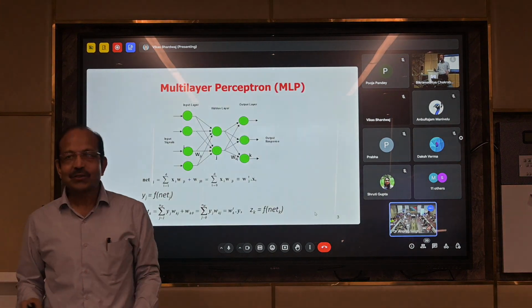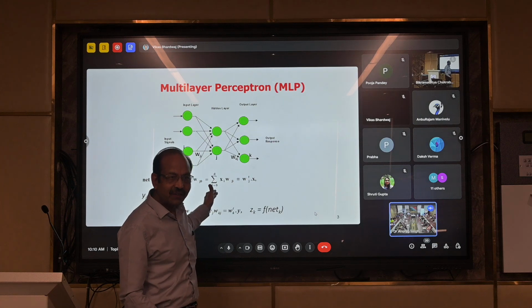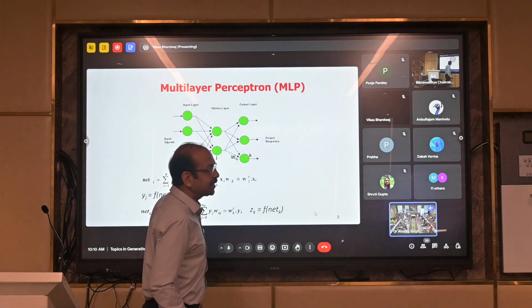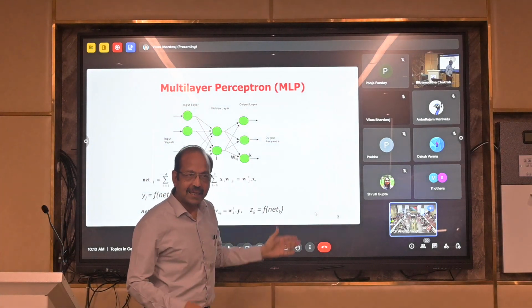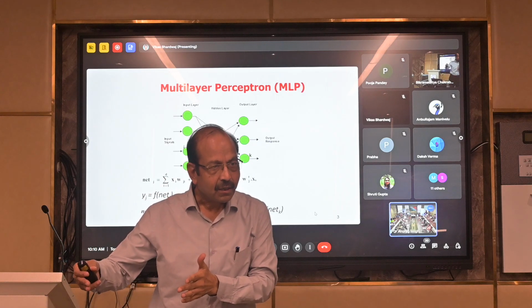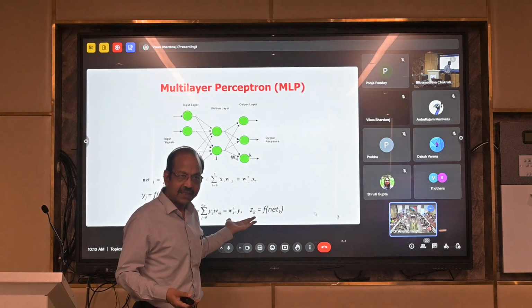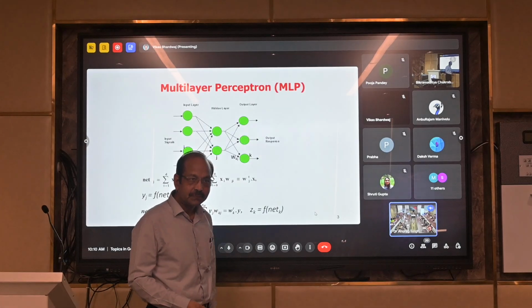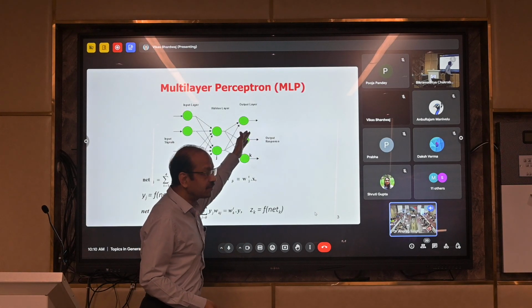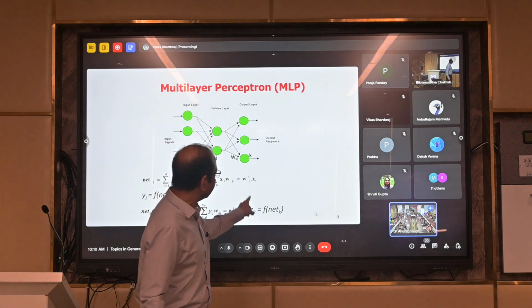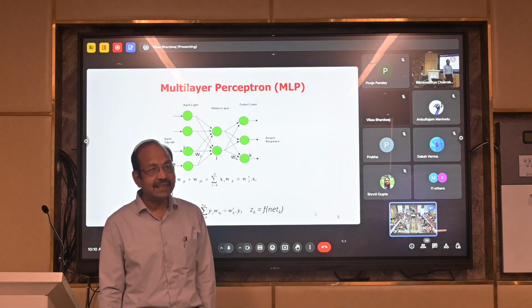The same activation function can also be used at other layers. But at present I am assuming the activation function is f. So the output at these nodes, zk, will be given by f of net k, where I am saying the output observed at this kth node is zk.